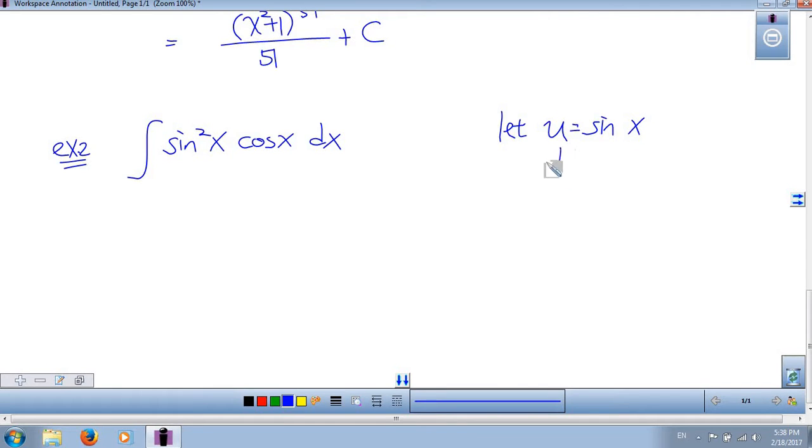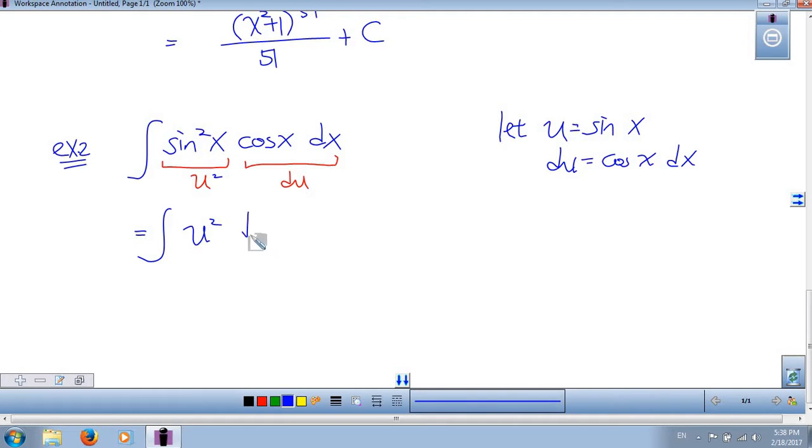So if u is sine x, the derivative of u with respect to x will be cosine x dx. Alright, I see we do have a u here. So let this be our u and let this be our du, right? So let's replace u and we will get u squared, because u is our sine x, times du.